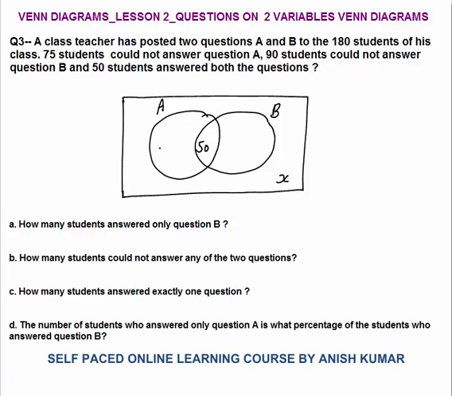Let's say this is X, so this will be 90 minus X.